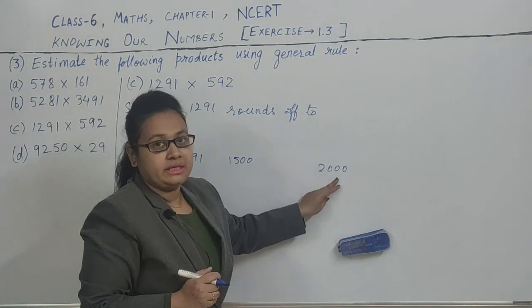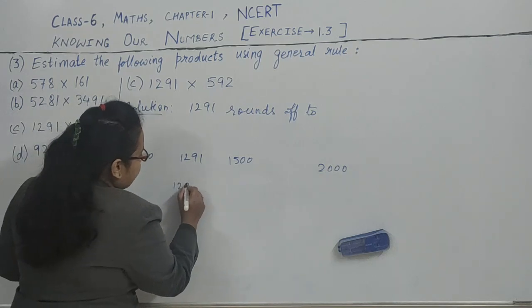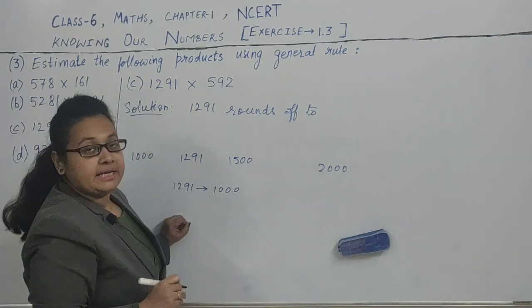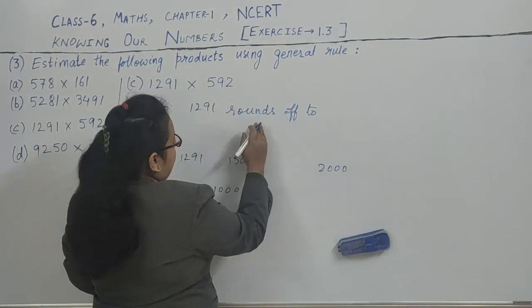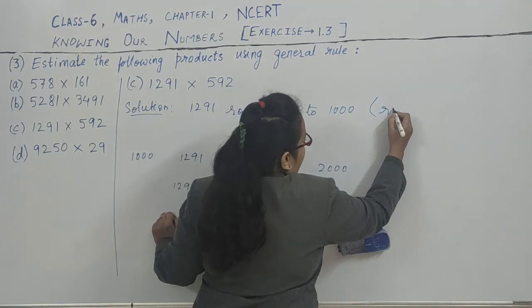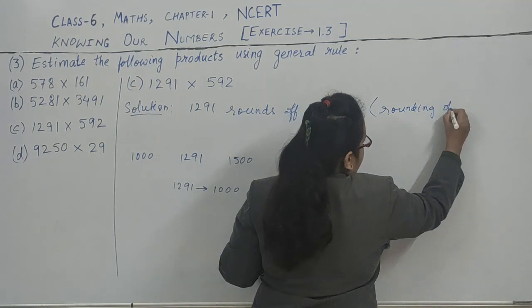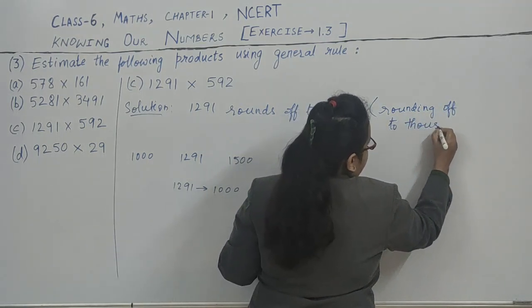This 2000 is a little far, but 1000 is closer. So 1291 will be rounded off to 1000, rounding off to thousands.